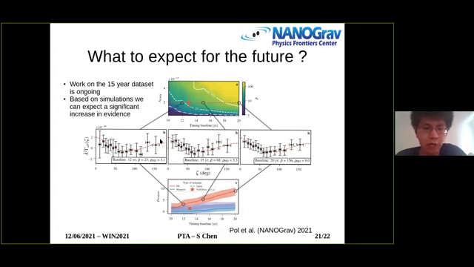So we're here on the left, roughly at 12 years. We expect to be in the middle with 15 years, and in 20 years we expect to be very able to constrain the Hellings-Downs curve. And so, depending on how the actual data set will be, we hope to have significant enough evidence for detection very soon.